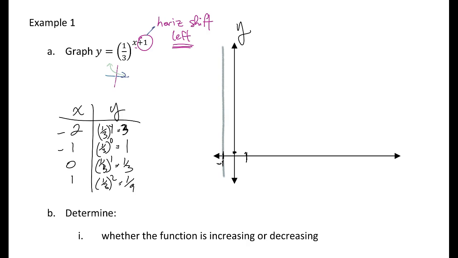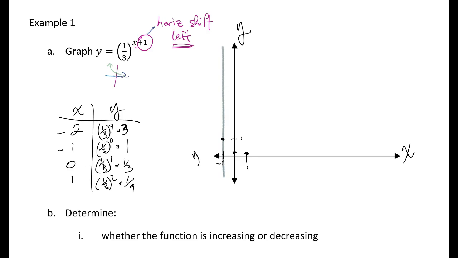Why is our axis lined up like this? Well, because we needed to remember that our graph is going to be increasing very steeply over here. So we don't need a lot of space on the left, even though we've shifted left. And then on the right, it drags out forever. I'm not actually going to show it dragging out forever because I'm going to run the risk of accidentally crossing my x-axis.